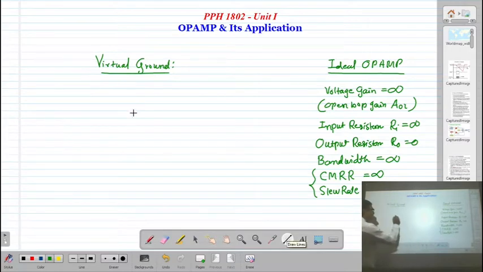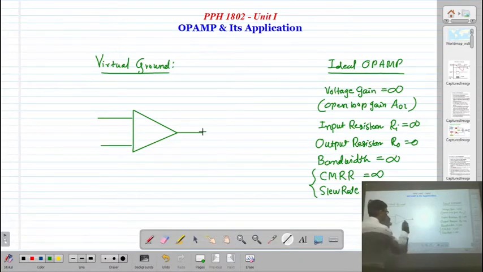Now again we consider an op-amp. This is my non-inverting terminal, and this is an inverting terminal. Here we applied a voltage V2, here we applied voltage V1, and this is my output voltage.